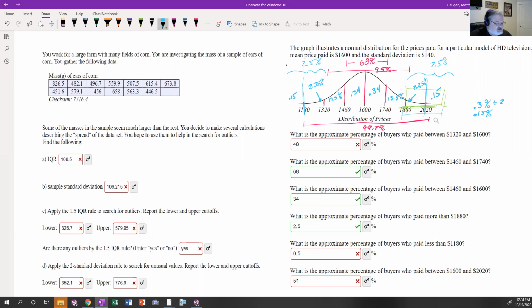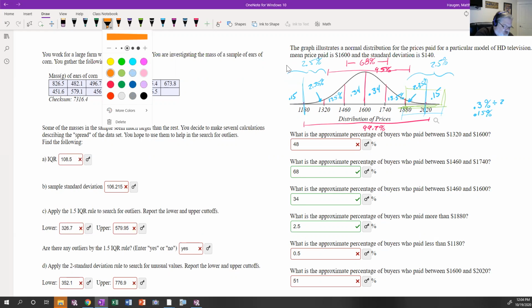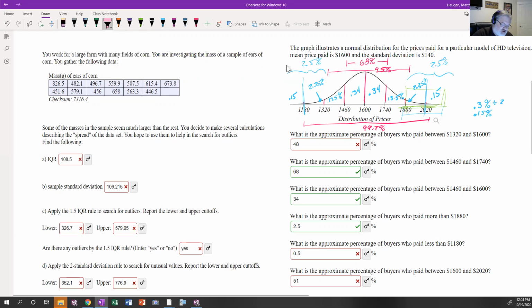But if you've got that diagrammed out, and I have stressed for you guys, draw diagrams, then you can highlight it and figure out where you are and then add up those percentages. So what is the approximate percentage of buyers who paid between 1320 and 1600?